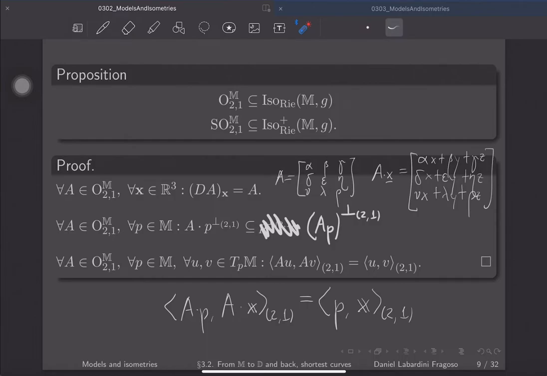Later on, one actually has equality in both of these, and if I could prove the equality now, I would call this a theorem instead of a proposition, right? But I'm going to leave it like this for the moment.